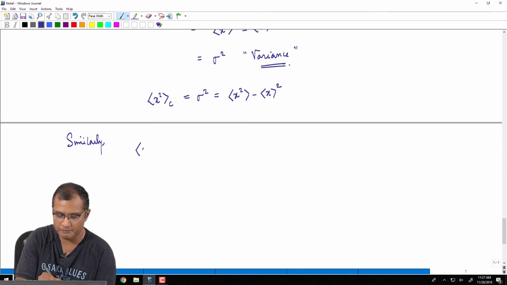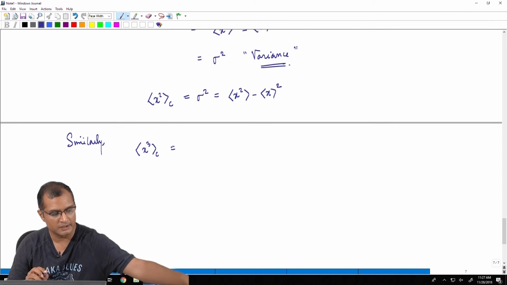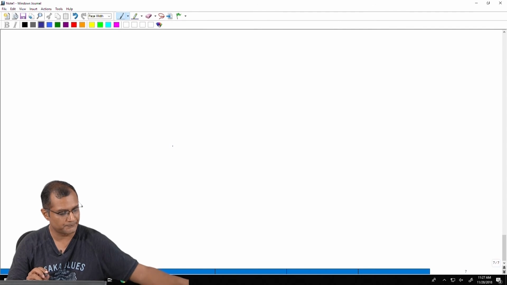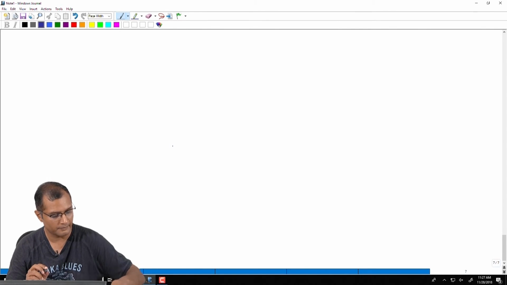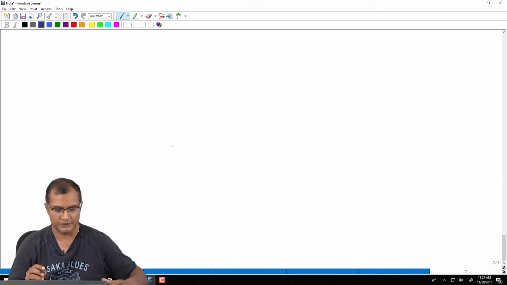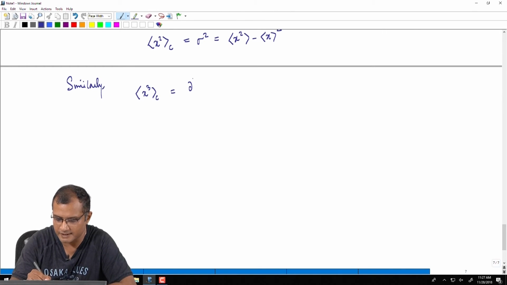For example, I can compute the third cumulant, and that is basically its formula. Third cumulant and the fourth cumulant can be written as... I will leave this as a derivation for you to do at home. Okay. You can write this as the third derivative.